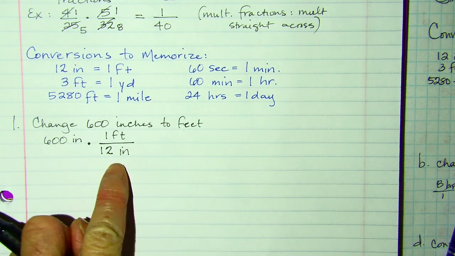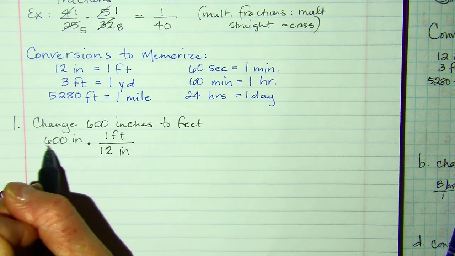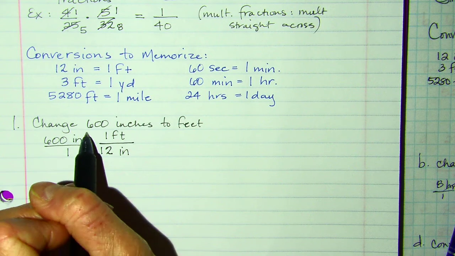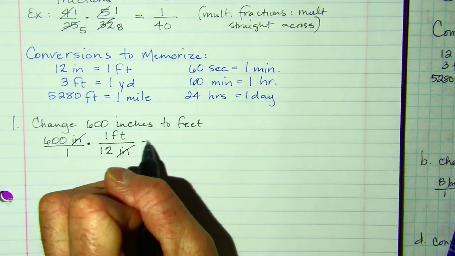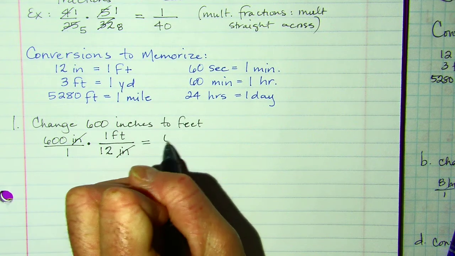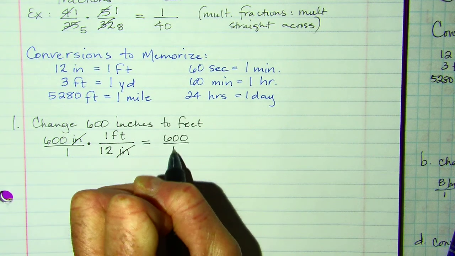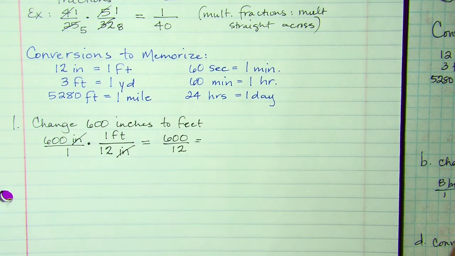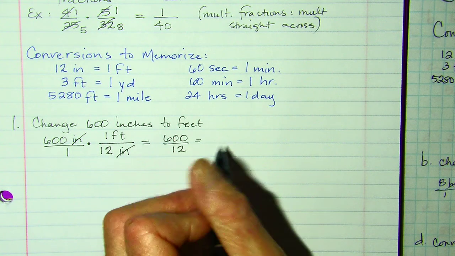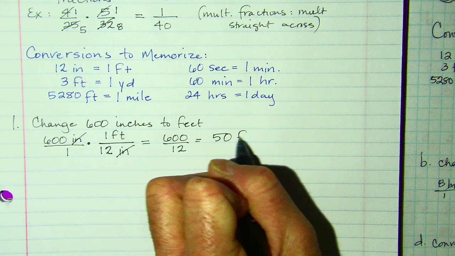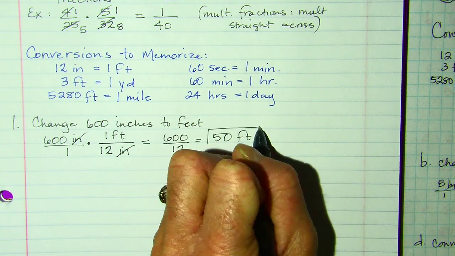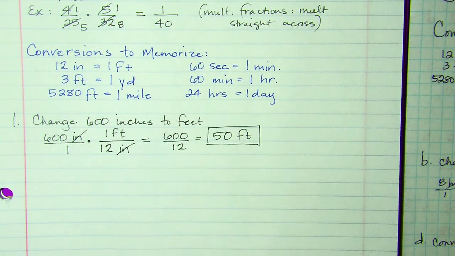So again, the reason I put this in the bottom was so that I could get inches to cancel. So now you're going to have to divide 600 times 1 divided by 12, and that will give you your answer. 600 over 12 is 50, and the only dimension left is feet. So that would be perfectly 50 feet.